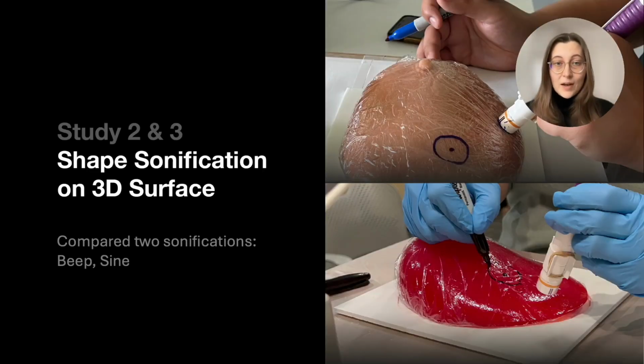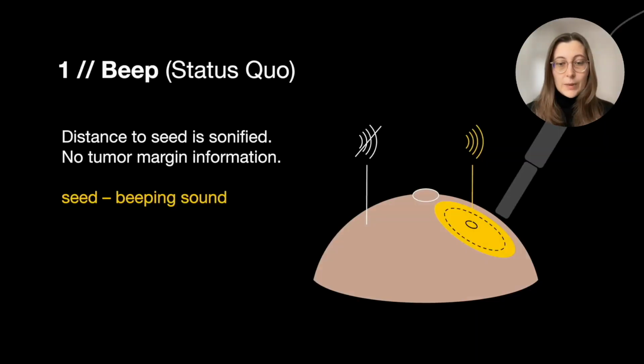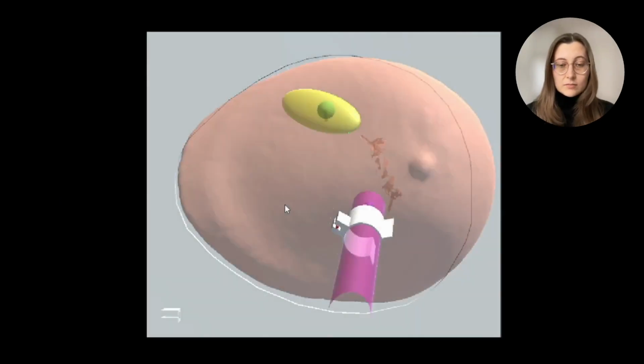With this feedback in mind, we built on the synth sonification and tested the improved version called Tsai against beep in study 2 and 3, this time on the 3D surface of breast model. The beep sonification remained the same as in study 1.